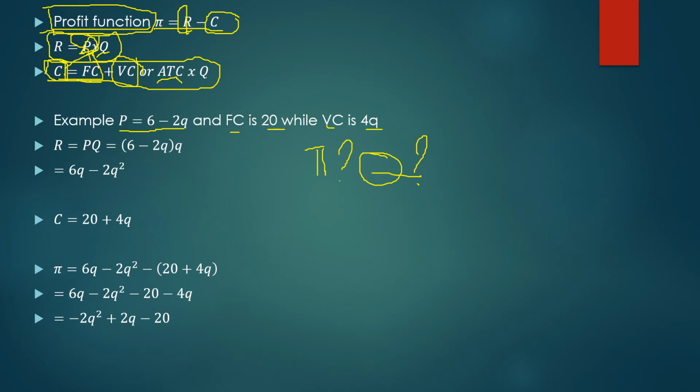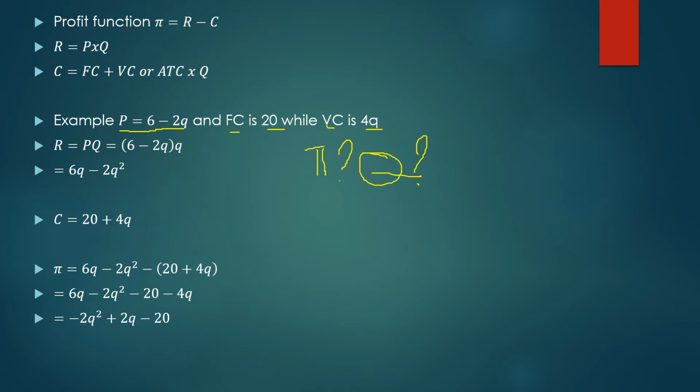Okay, so first, before we arrive at the profit, remember that from the formula, we have revenue minus the cost. And yet from the given, we do not have a revenue. We only have a price, the fixed cost, and the variable cost. So first and foremost, before we arrive at the profit itself, we have to derive what is the R and what is the C. First, let's derive the revenue.